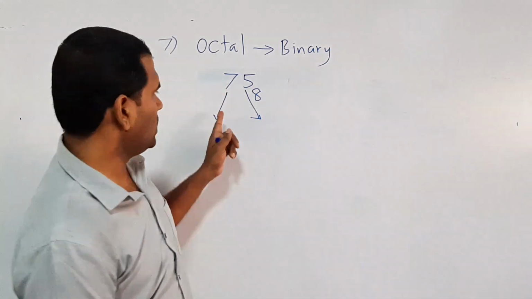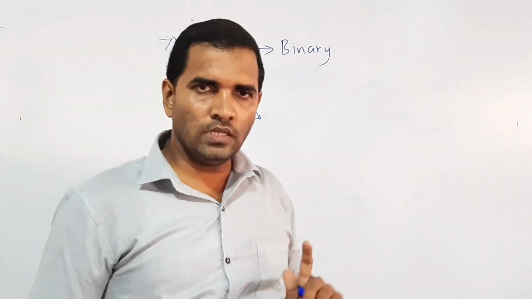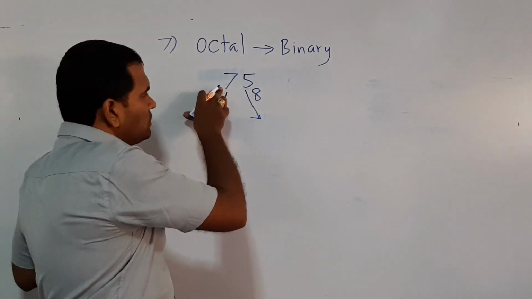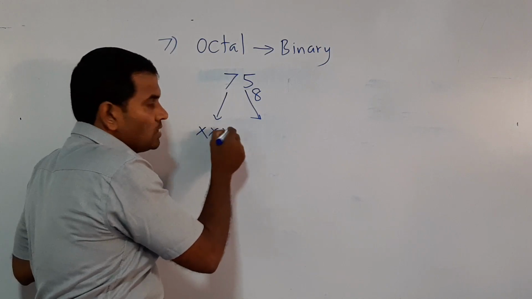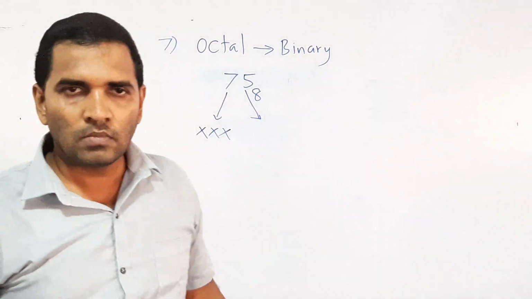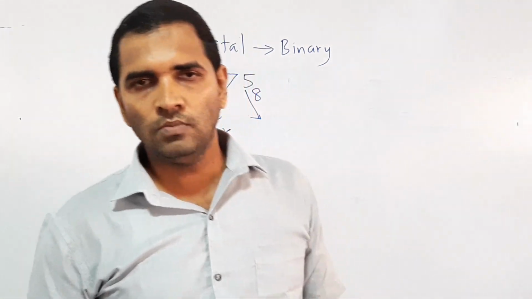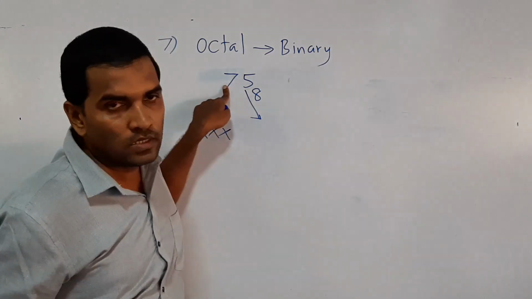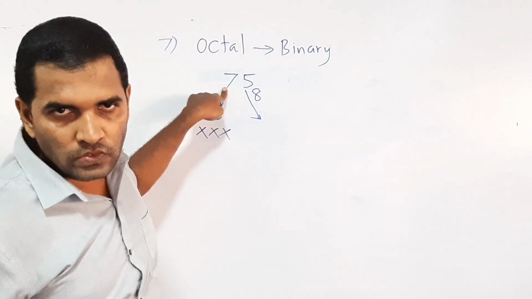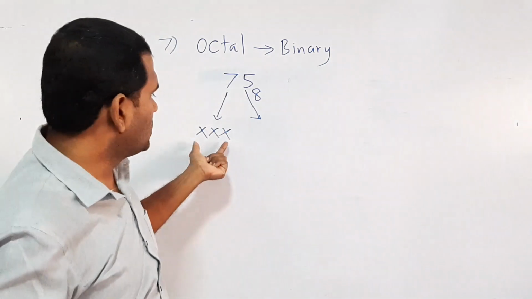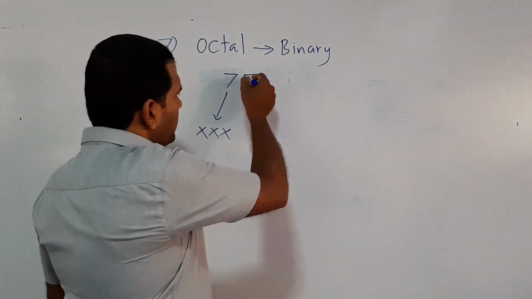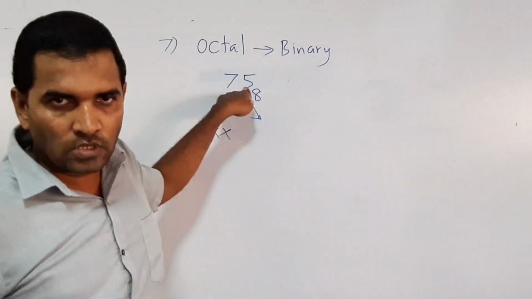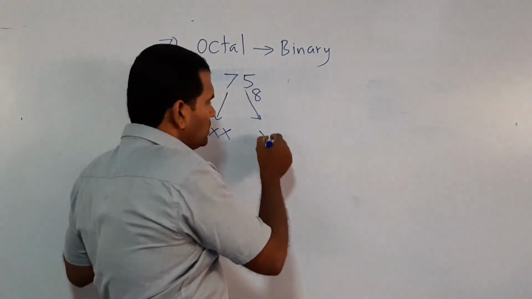So look here, I have 2 octal digits. This first octal digit needs 3 binary digits. I don't know what they are, but I know there should be 3 binary digits because it's an octal digit. Look here also, this is also one octal digit, so definitely I need 3 binary digits.